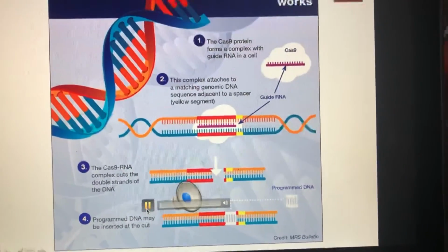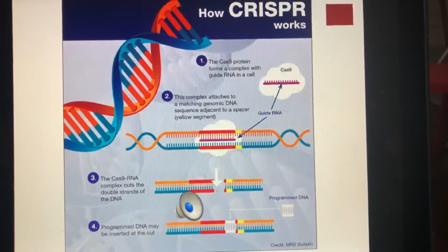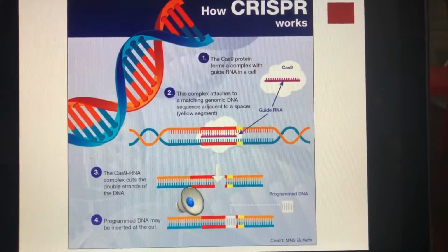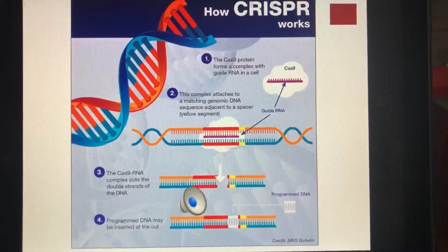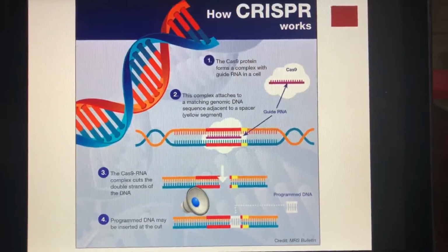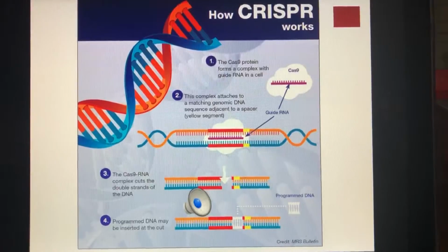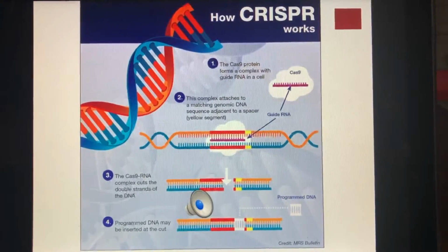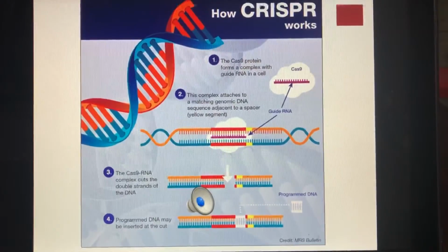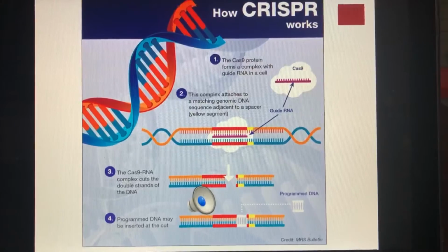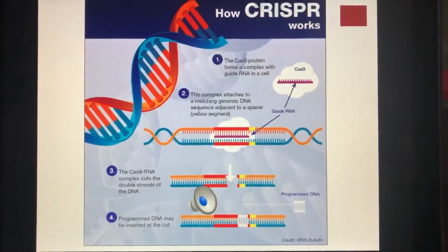So the first step in gene editing is that the scientists identify a gene responsible for a specific trait. They then create a piece of RNA, and they also create an enzyme to target and edit that specific gene. The RNA that is created mimics the end of the targeted gene's DNA, and it guides an enzyme called Cas9, which cuts the DNA, and introduces that to the cell.